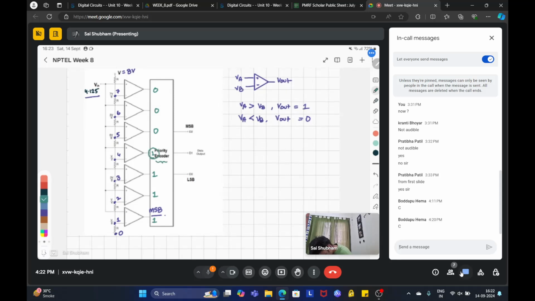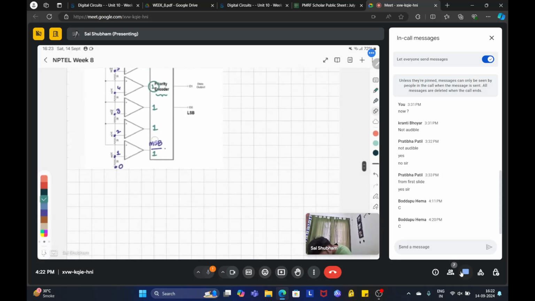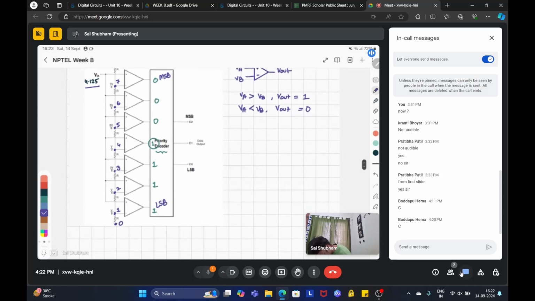So this is your fourth place. And okay, fine. This is your LSB. And there is one implicit 0 because your encoder will be 8 to 3 conversion, right?